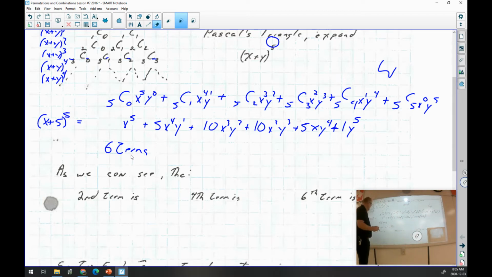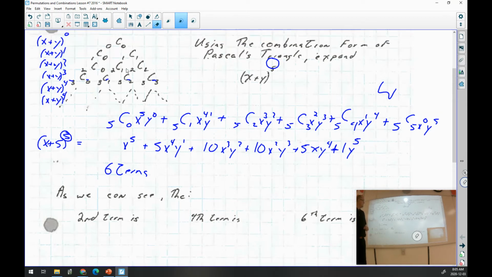There's always one more term than the exponent of the expansion. It occurred in the 6th row of Pascal's triangle, because we start with (x + y) to the 0.